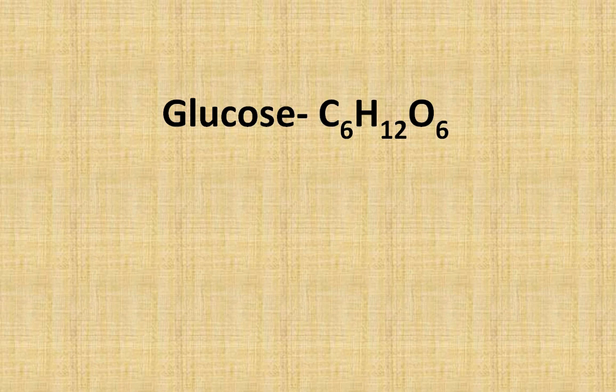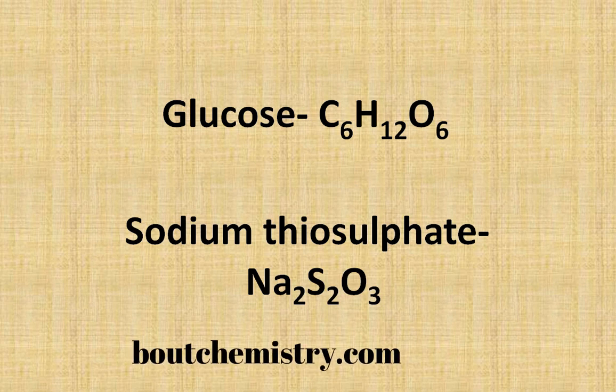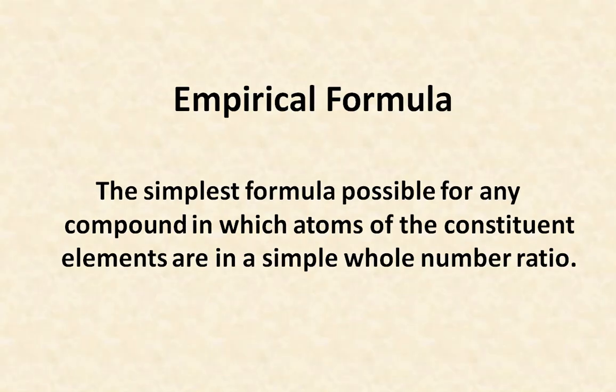Here these 6, 12 and 6 are the exact number of atoms of carbon, hydrogen, oxygen present in glucose. Similarly, in sodium thiosulfate, we will get 2 sodium, 2 sulfur and 3 oxygen. So the molecular formula of sodium thiosulfate is Na2S2O3.